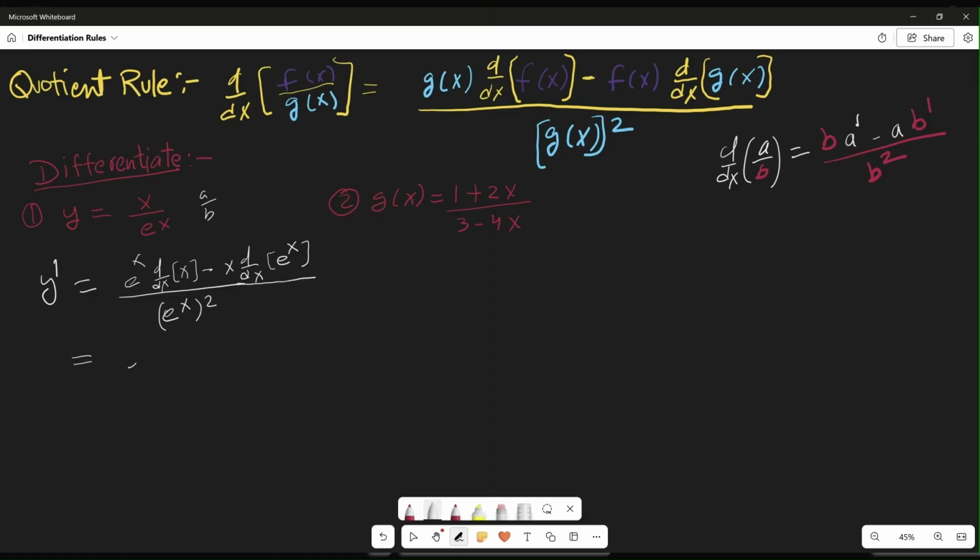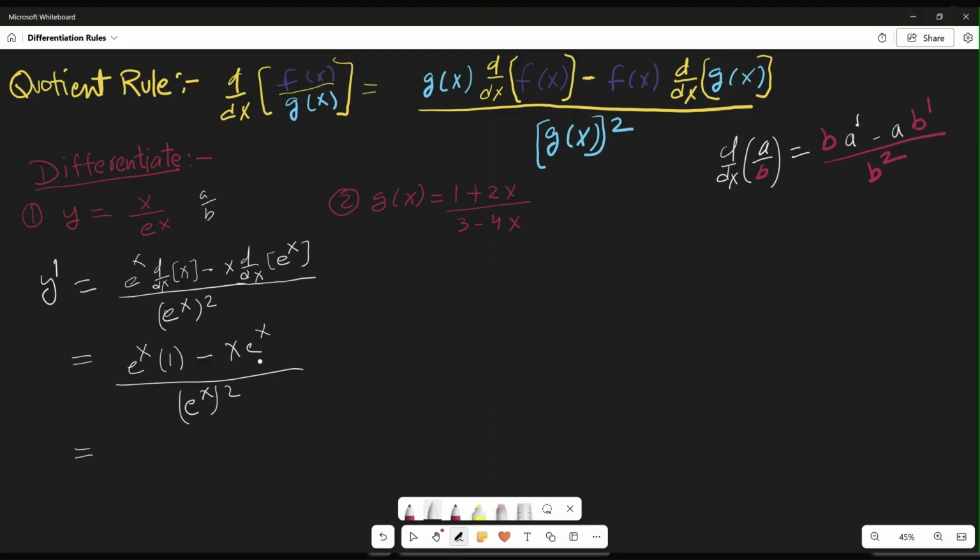Okay, so e to the x times the derivative of x is what? 1, minus x times the derivative of e to the x, which is a natural exponential function. If you remember, this is simply e to the x, divided by e to the x squared.